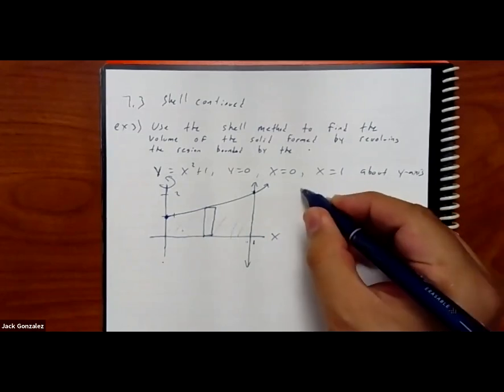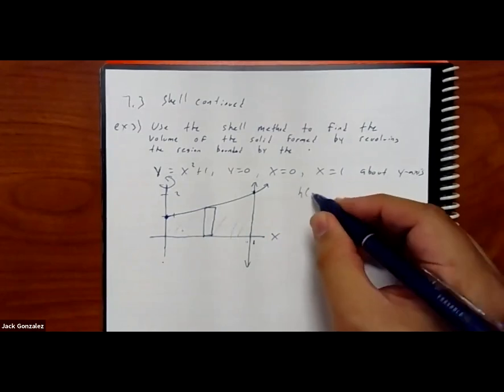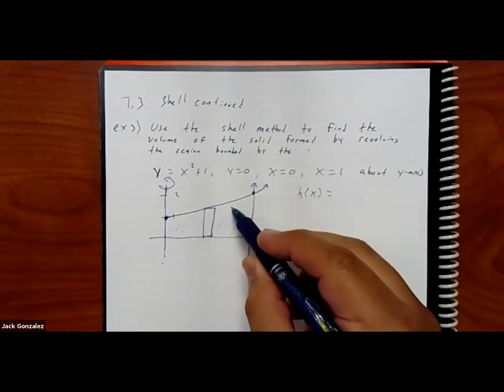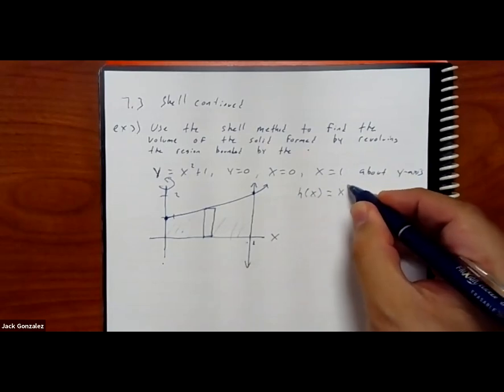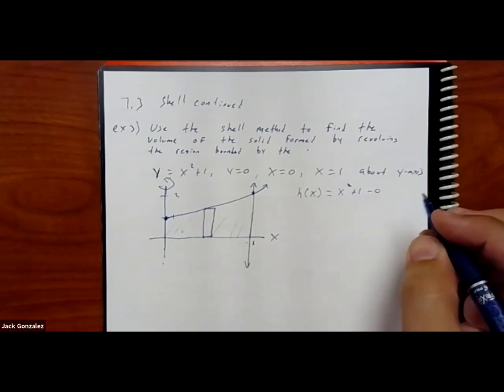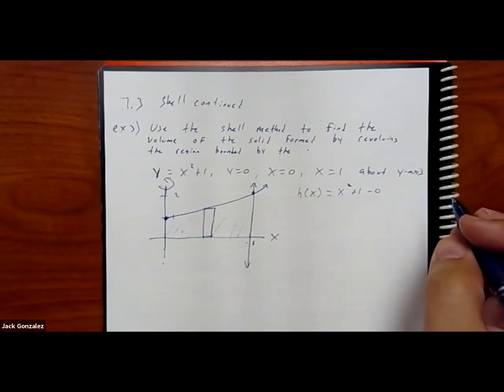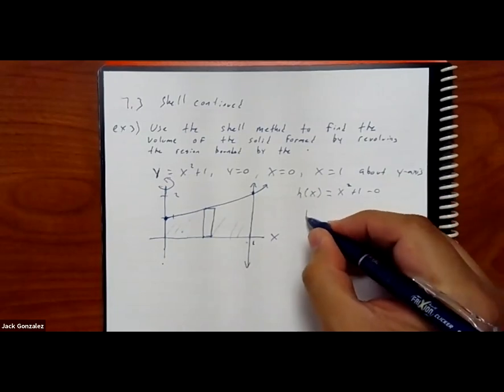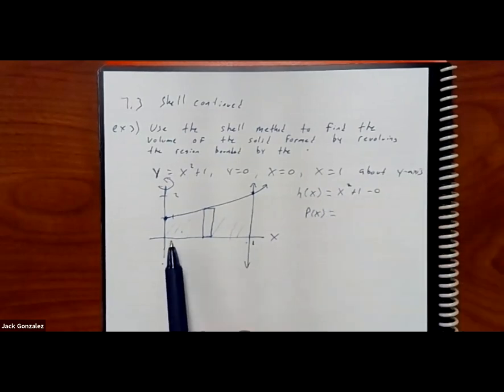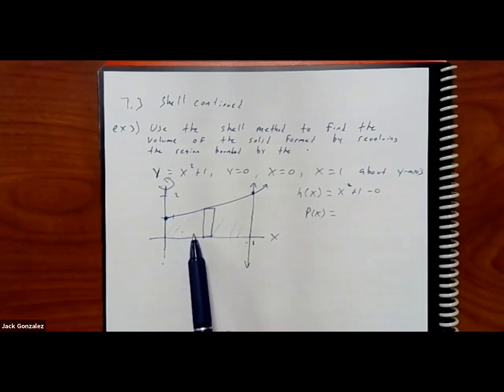So now we need h, the height, h of x. That's going to be the top, x squared plus 1 minus 0. Now rho, that depends where the axis is, right? So we said if it's to the right, it's going to be either a minus x or x minus a.